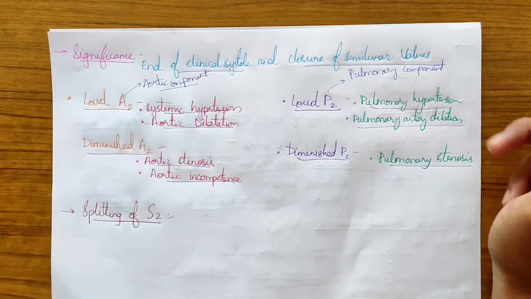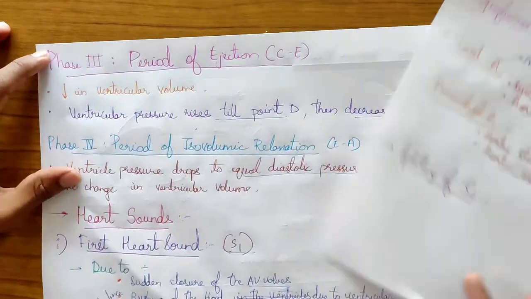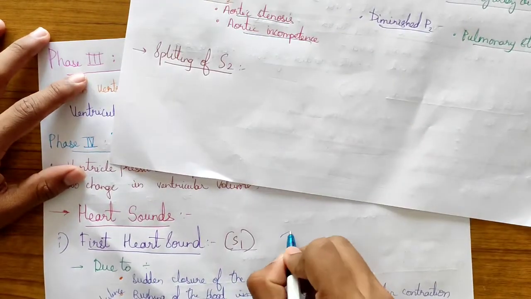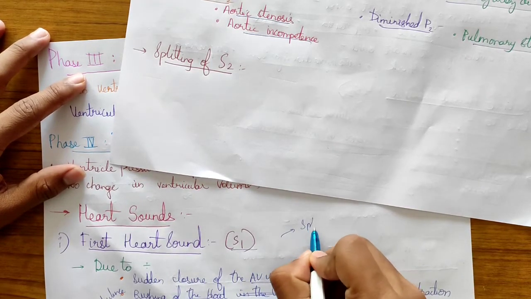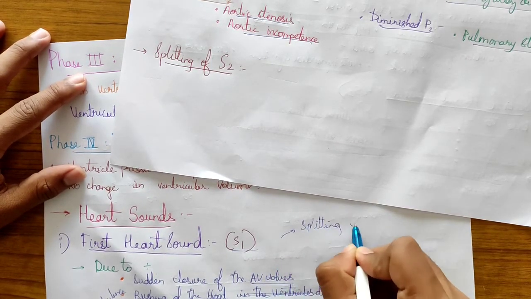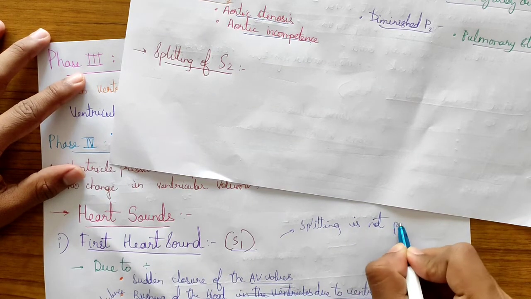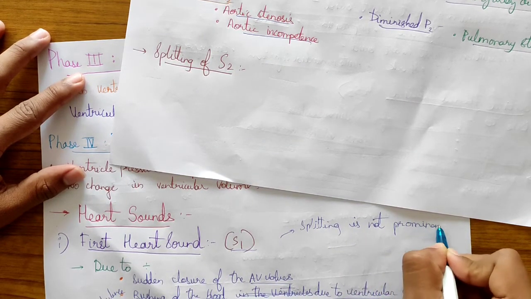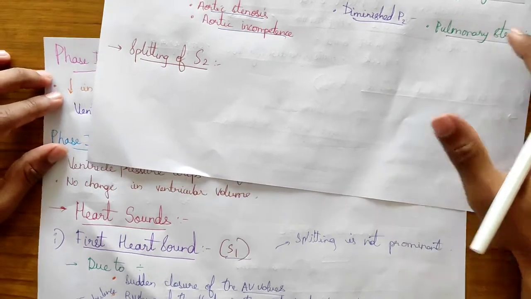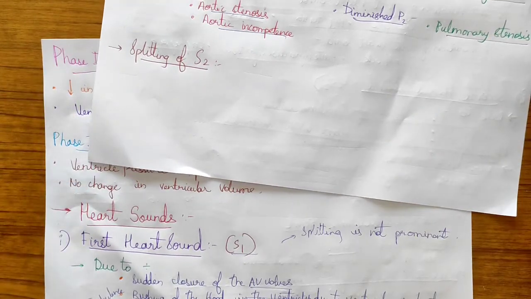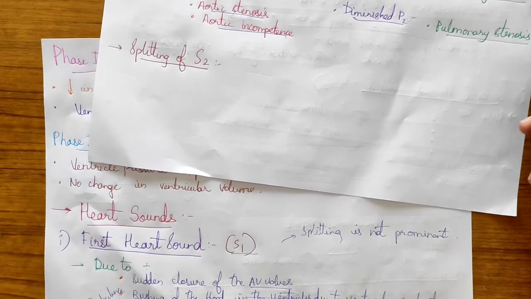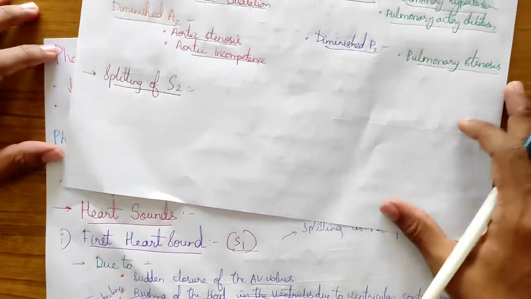The splitting is also seen in the first heart sound, but it is not very prominent, because the frequency or the amplitude of the first heart sound is not as much as the second heart sound. So it cannot be heard normally. But if splitting is heard in the first heart sound, it is due to some pathological conditions.